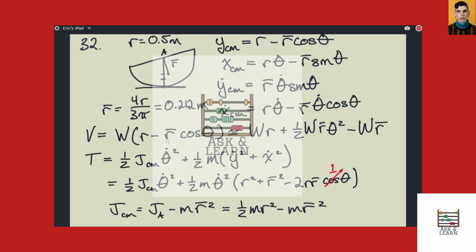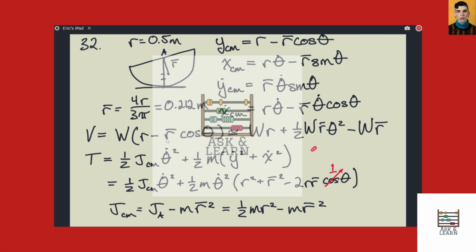But we want the energy to be quadratic in velocities, so we can just replace cosine of theta in this expression with 1.